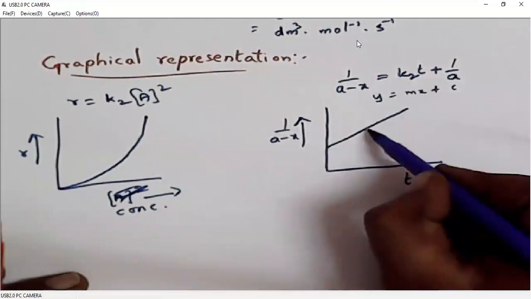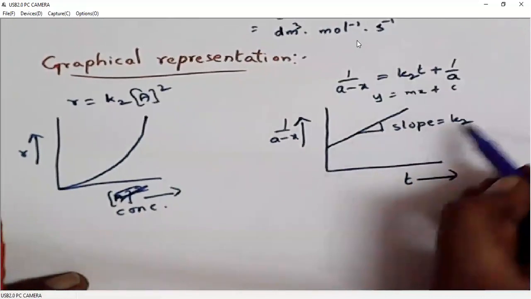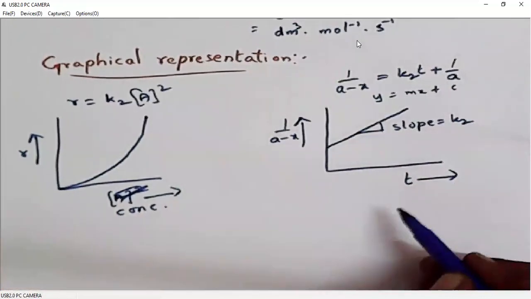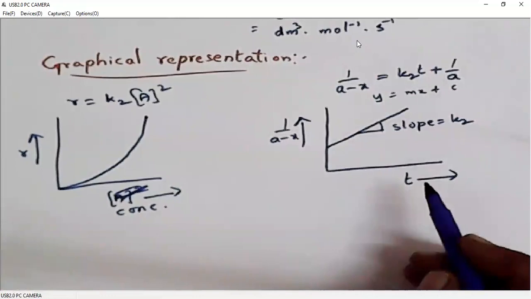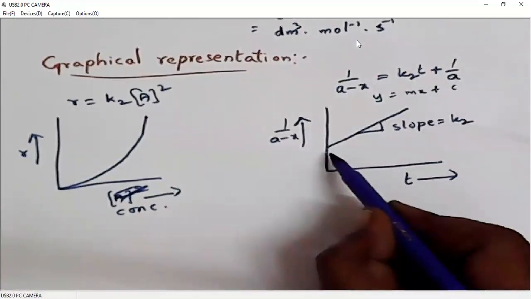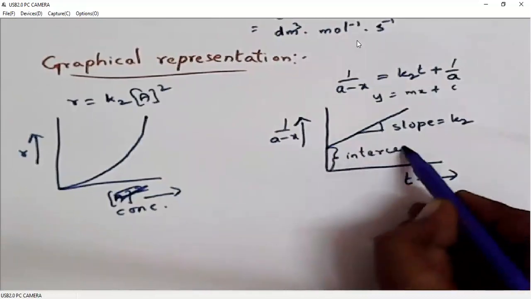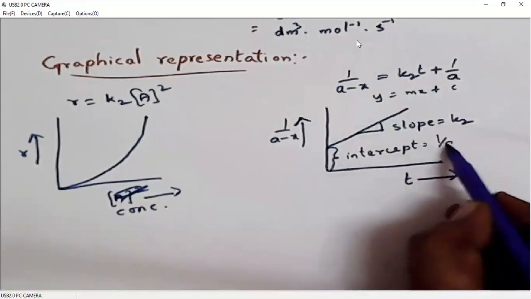It gives a positive slope whose slope is k2. From the slope of the graph, we can calculate the k2 value. And this is the intercept. What is the intercept? Intercept is 1 by a.